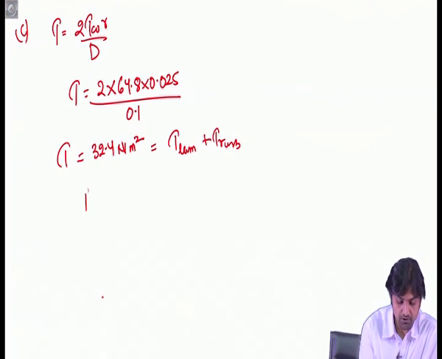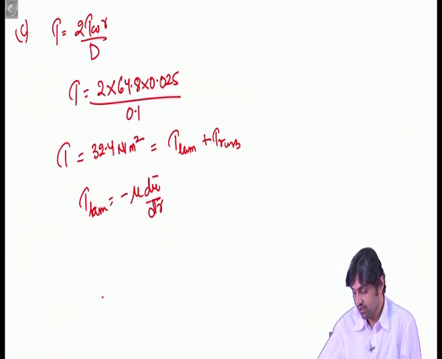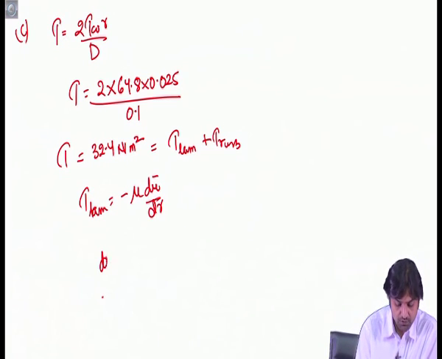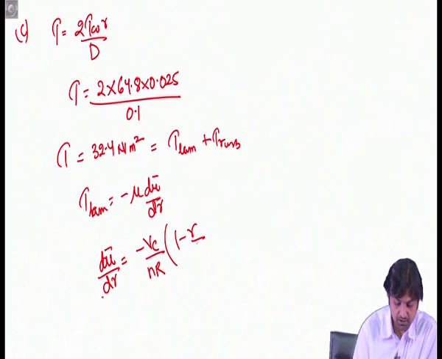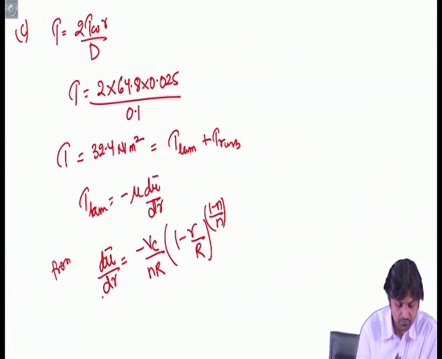We also know that tau laminar is given as minus mu du bar by dr from the velocity profile law. If we try to find du by dr from the velocity profile, it's going to be minus Vc by nR into 1 minus r by R to the power 1 by n minus 1.